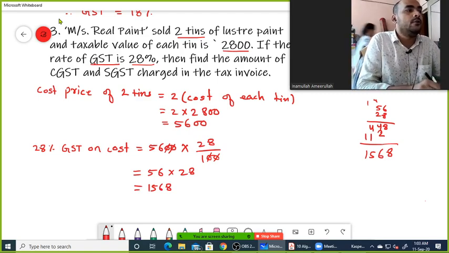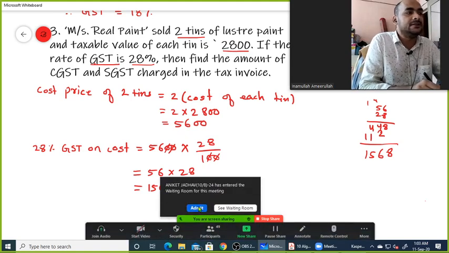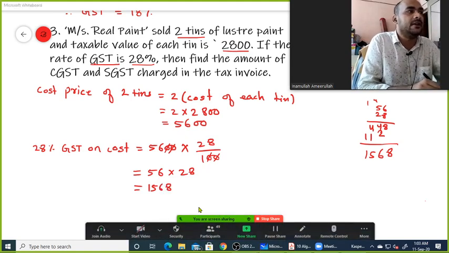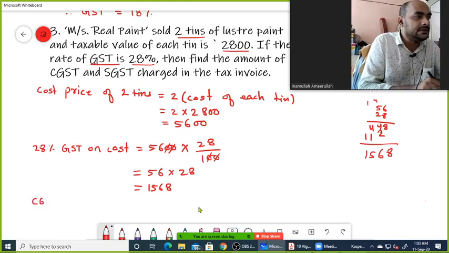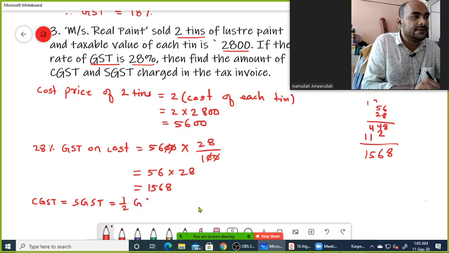Now out of this 1568, half is CGST and half is SGST. So therefore CGST should be same as SGST, and each is half of GST.